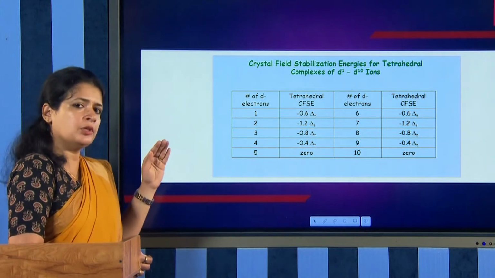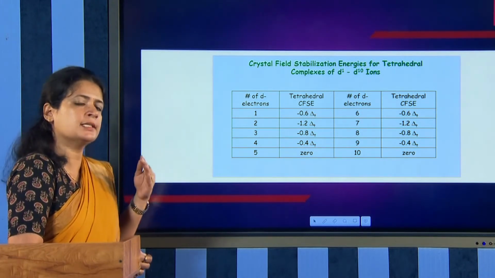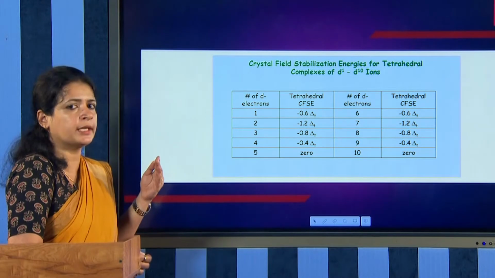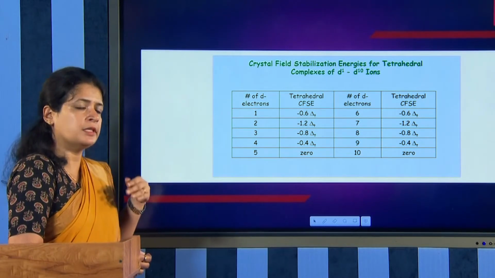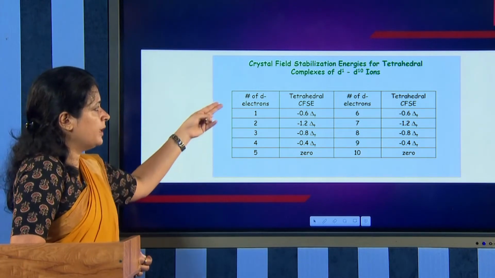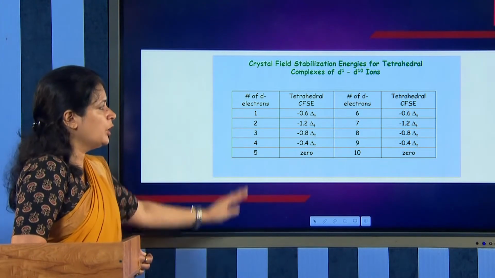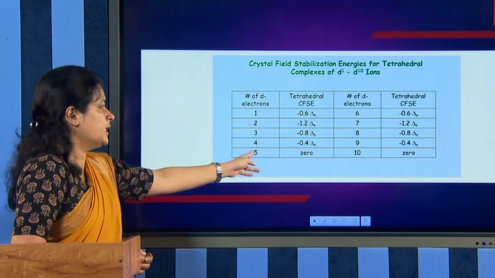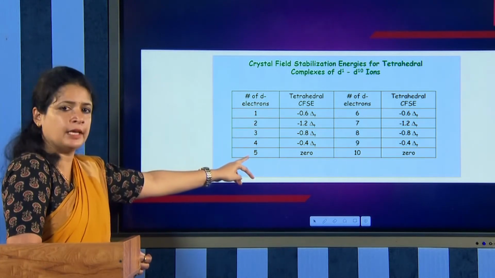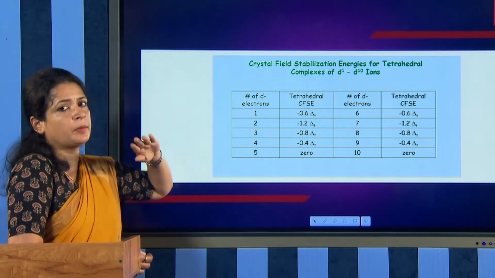How to calculate all those things we have already discussed in the previous module, that is in the octahedral crystal field splitting. And so when we substitute d1, d2, d3, d4, d5 up to d10, you will get the values like this. See the d5 case, that is 5 electrons in the d orbitals.